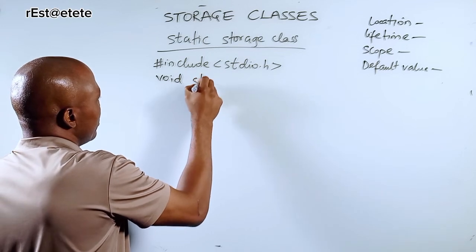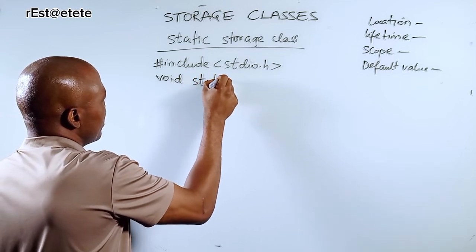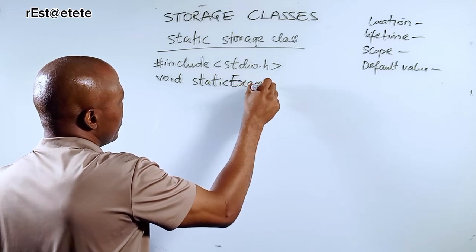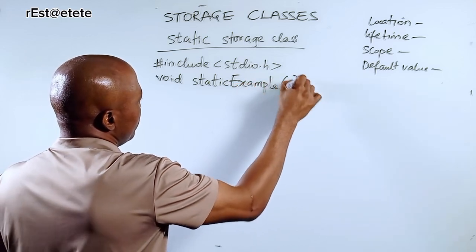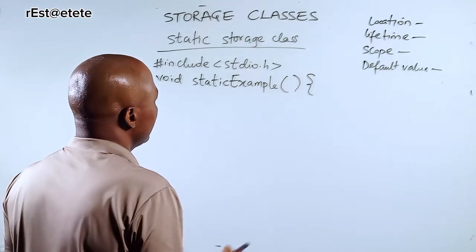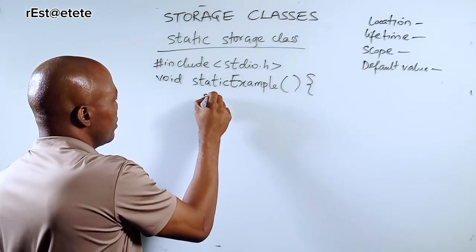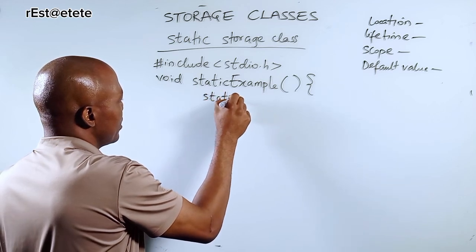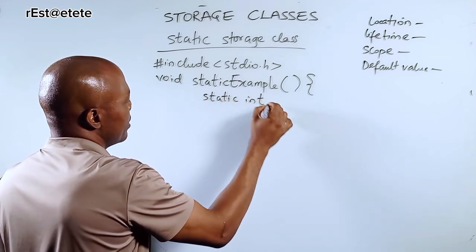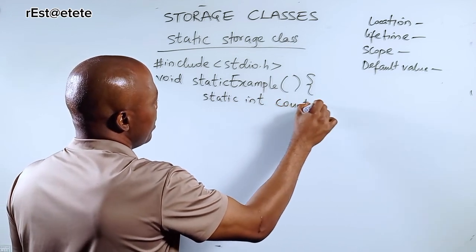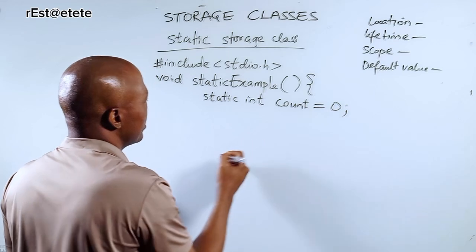So include stdio.h, then I will say void static example, which is a function. Inside this function, I am going to declare a variable, static int count, and assign 0 to it.